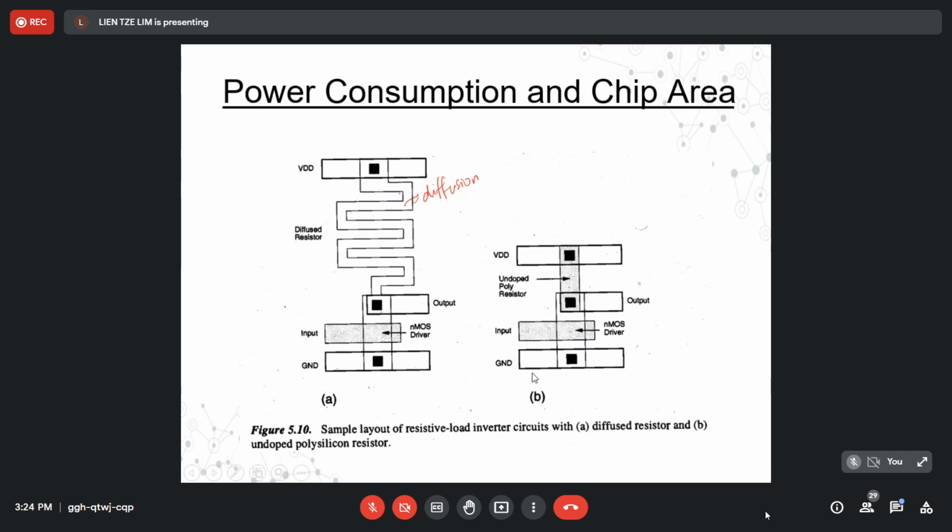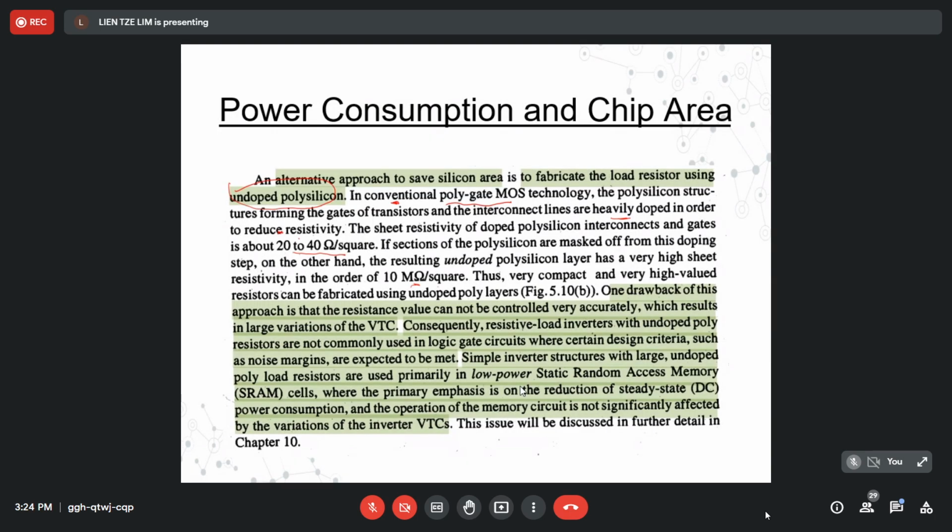But there are some negative effects that have to be considered. The resistance measured from the polysilicon has large variations, as mentioned here.